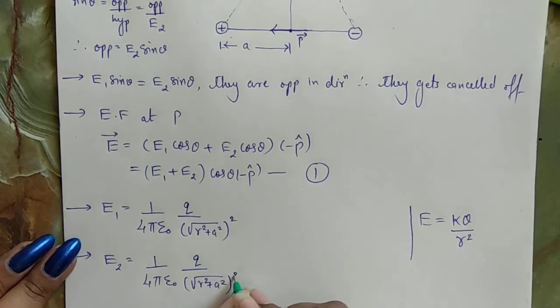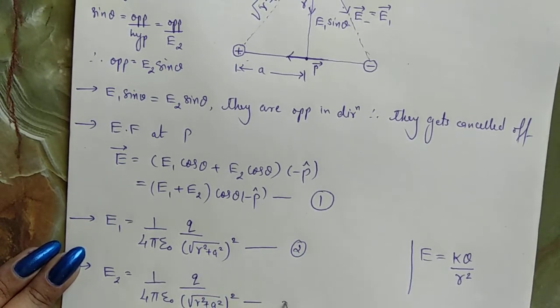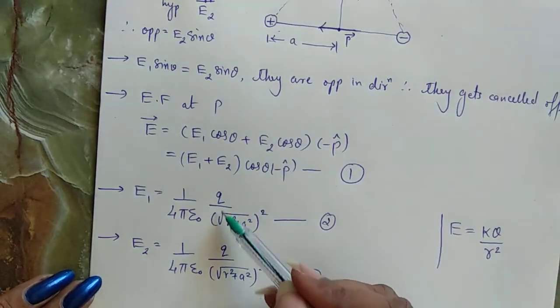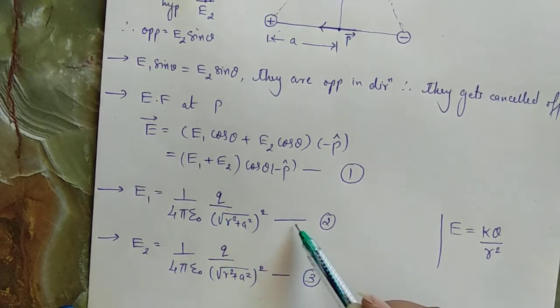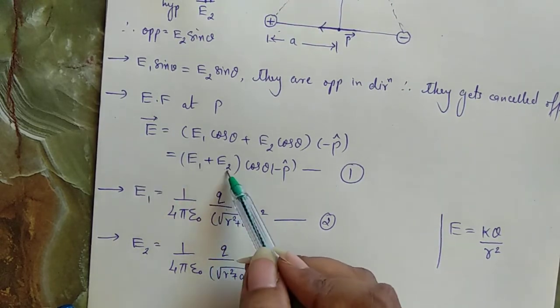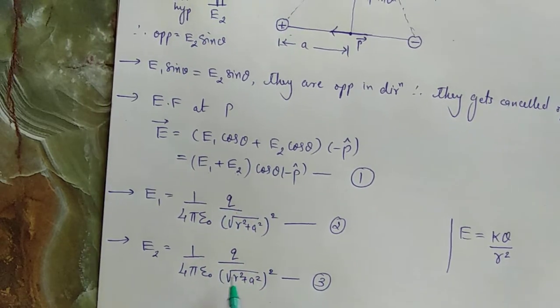From the formula, here it will be square. This is equation 2. This is, suppose, equation 3. Then I'll substitute both these values in equation 1. Now just see equation 2 and equation 3. They are similar. So if I am adding E1 and E2, I am going to get twice of this value.